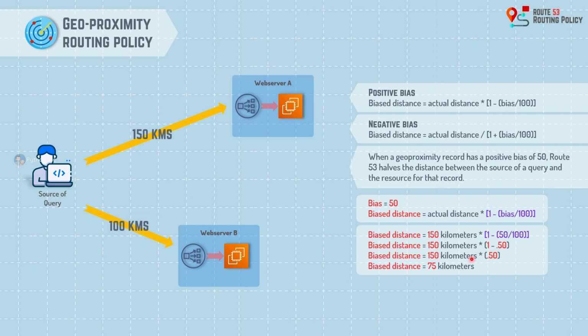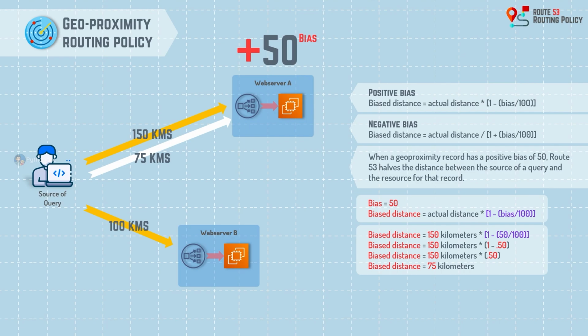So 150 multiplied by 0.50 is 75 kilometers. So now, based on our calculations, if the record has a positive bias of 50, then we'll think it is only 75 kilometers. So for the query, the 150 kilometers is just 75, and compared to 100, the 75 looks closer.